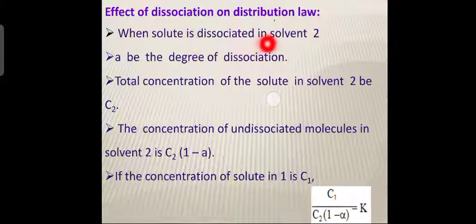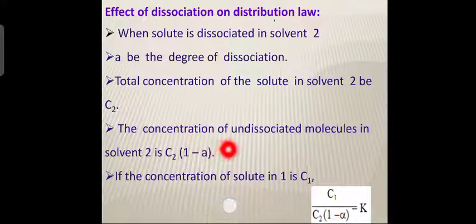So when the solute is dissociated in solvent 2, let alpha be the degree of dissociation. This is not A, it is alpha. That means if alpha dissociates, 1 minus alpha will remain. Then let the total concentration of solute in solvent 2 be C2. So the total concentration is C2 and alpha is the degree of dissociation.